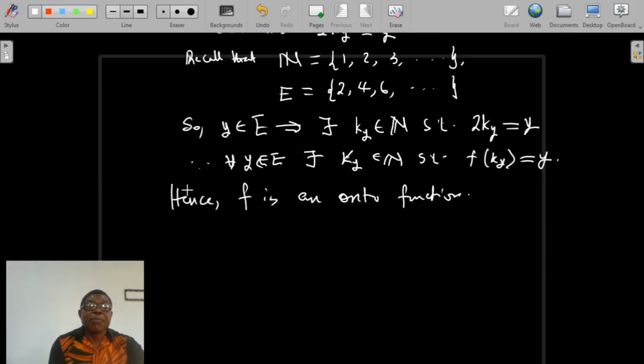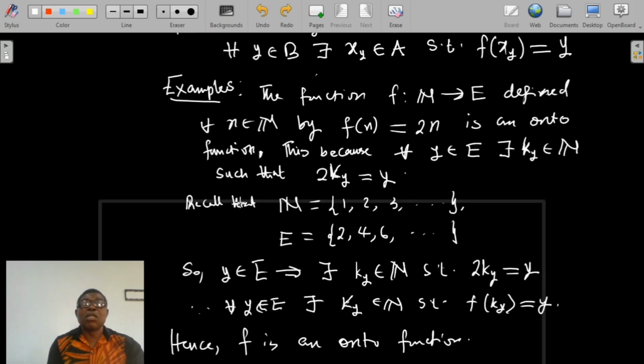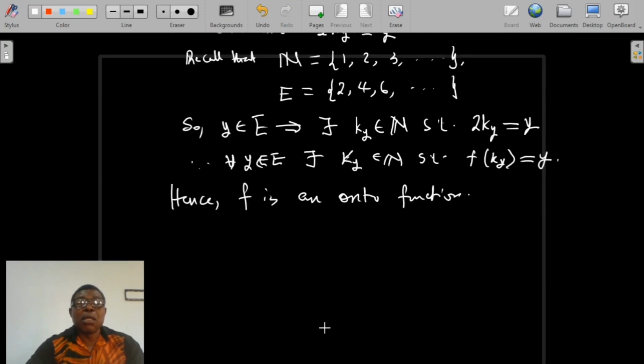Let us look at example 2, the other example. The example 2 above. Let's also check that it is also an onto function. The second example, let me label here 1, then 2.